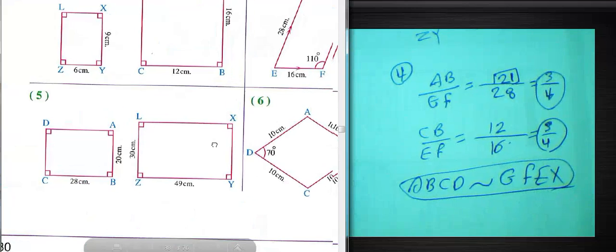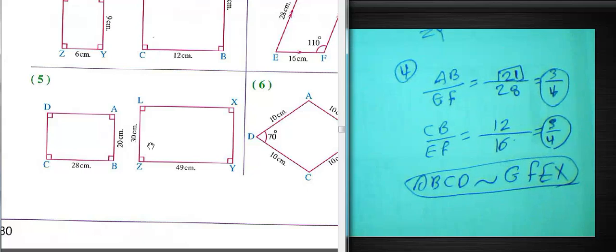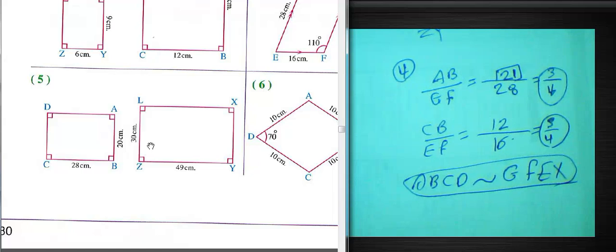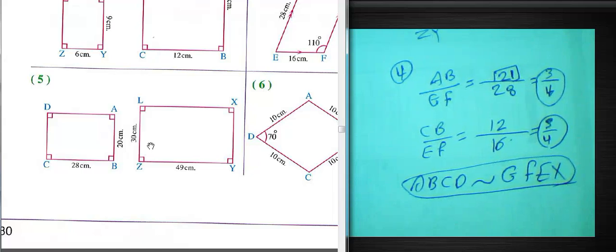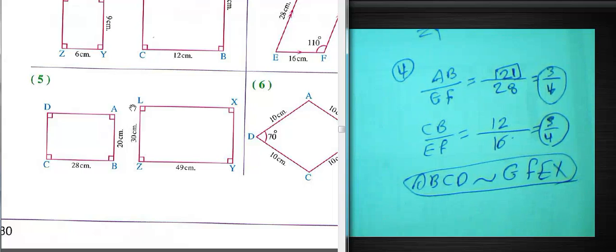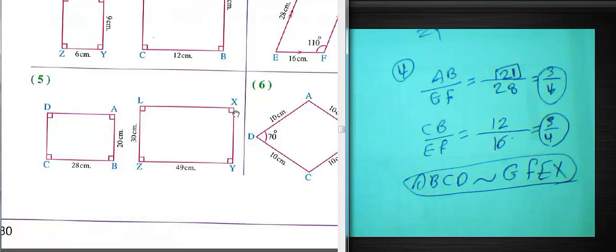Okay, another question. Look here, question number 5. We have two rectangles. If we have two rectangles, we must find the ratio between two dimensions. The first, LX and AD, and XY and AB.